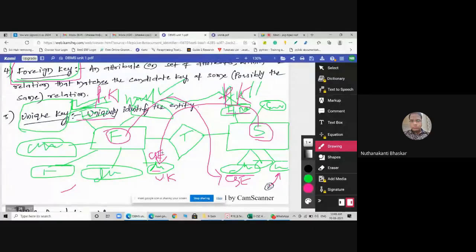As per this understanding, whenever we design an ER model, we have a relationship. When we apply an association between two entities, there must be a common attribute in both entities. But don't say that it is the primary key attribute. The primary key attribute is different, the unique key attribute is different, and the foreign key attribute is different. The foreign key comes when we associate two different entities with one relationship.